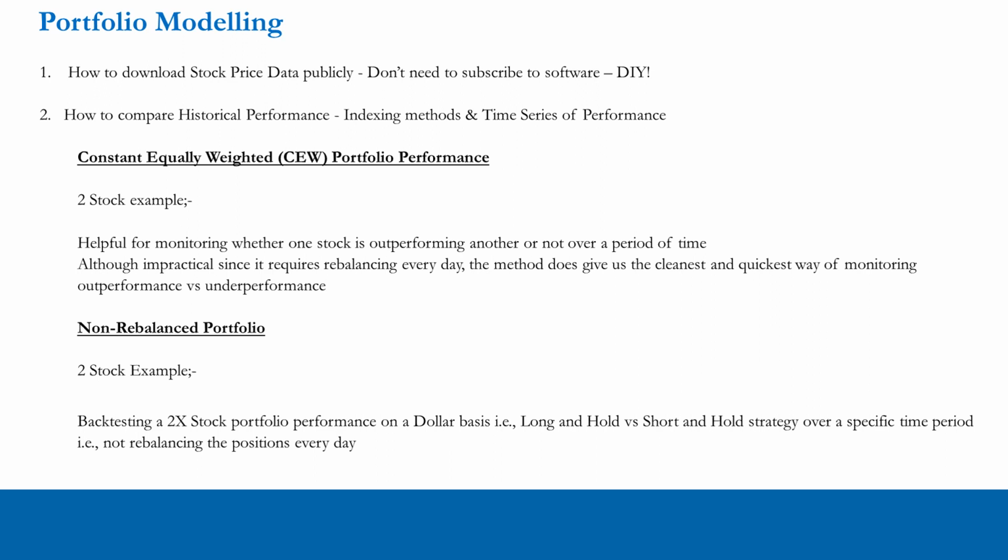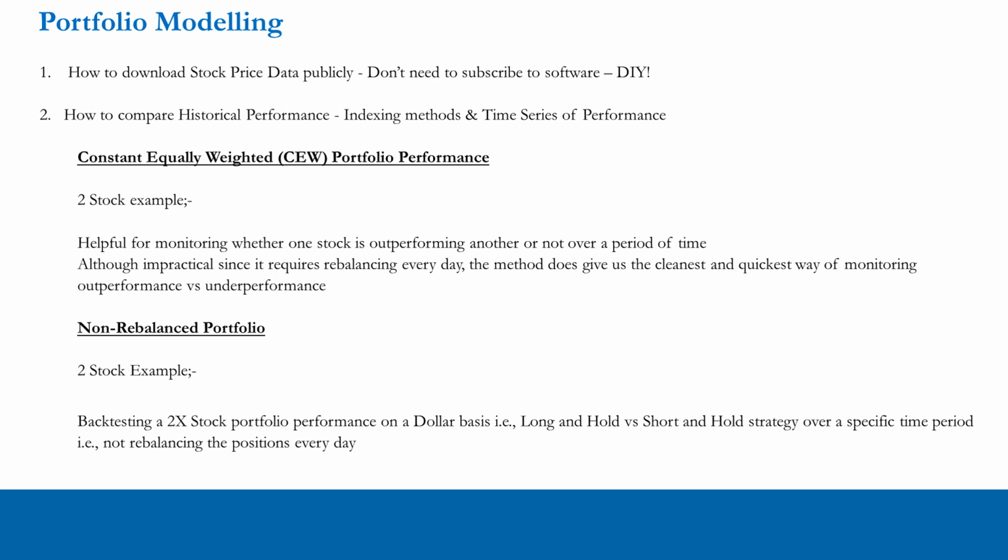Secondly, Chris showed you various methods of how to compare historical performance. So, specifically indexing methods and calculating a time series of performance. And there were two ways that he showed us how to do that.